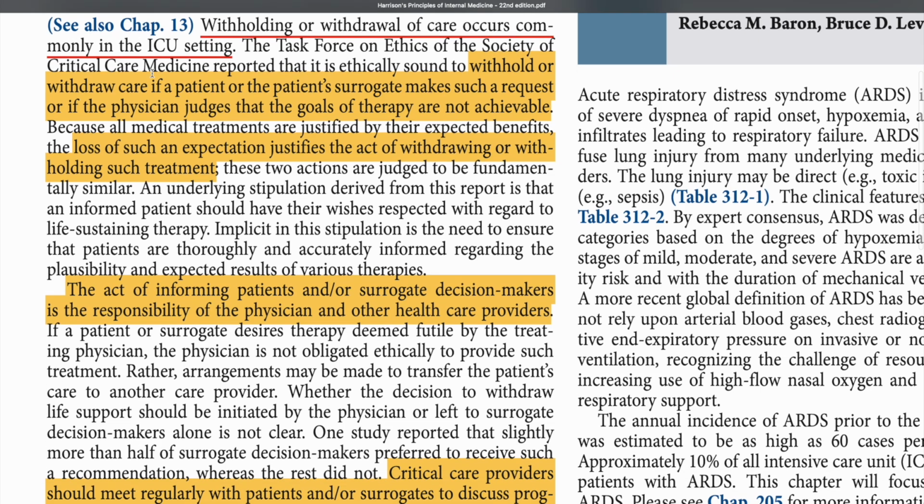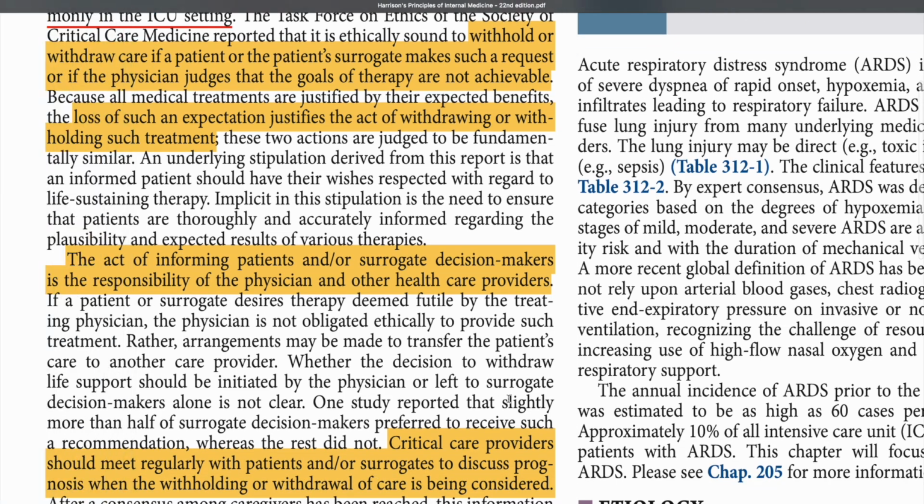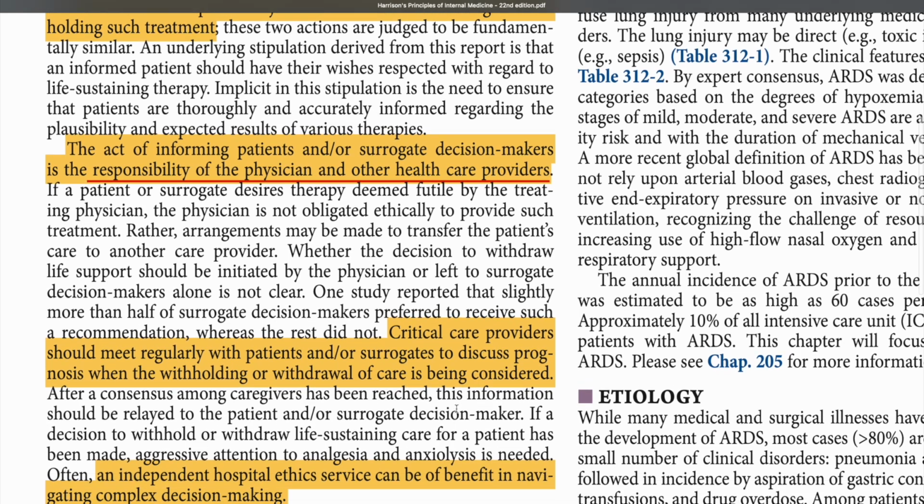Informing the patient or surrogate is the responsibility of the physician. The critical care provider should meet regularly with the patients or the surrogates to discuss the prognosis when withholding or withdrawal of care is being considered.